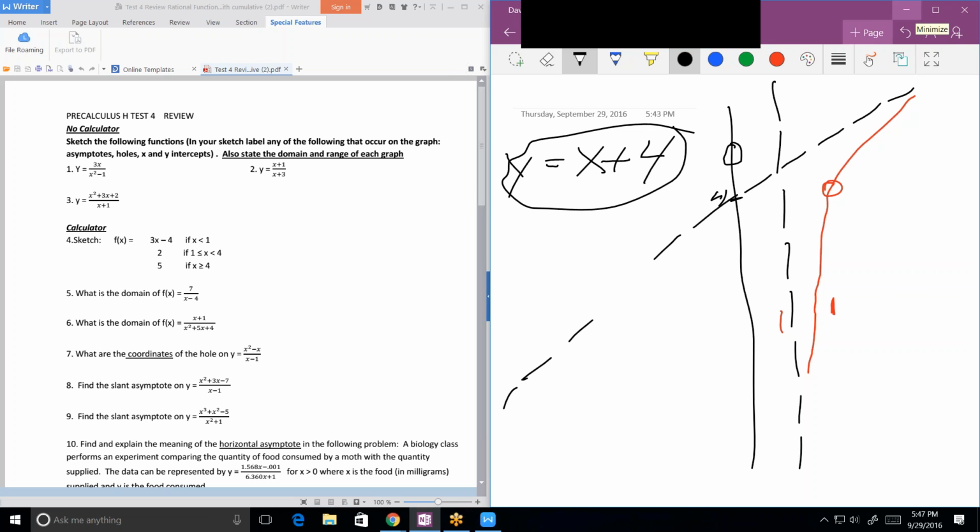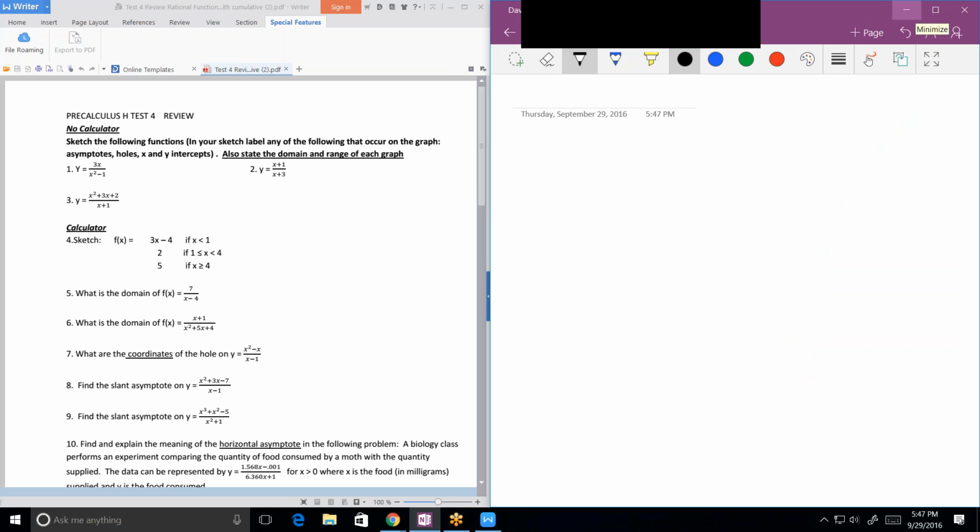Let's see, we've got time for another one of these slant asymptotes. The very first moment you find the slant asymptote, you know it's a long division problem, right? This one's a little different because it is missing an x term. And you have to always have a spot for all of your possible powers of x.